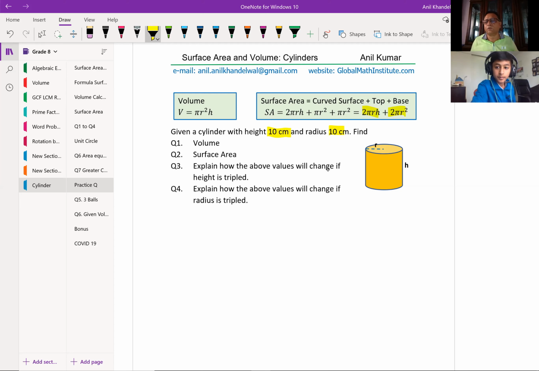So 10 cubed will be 1000 and 3.14 times 1000, because it's 1000 pi, and therefore you got this answer, 3140. Is that clear? Correct. So you can find the surface area also, very clear.